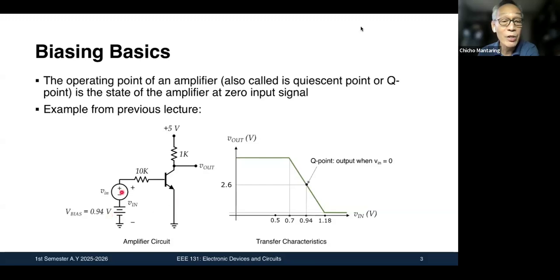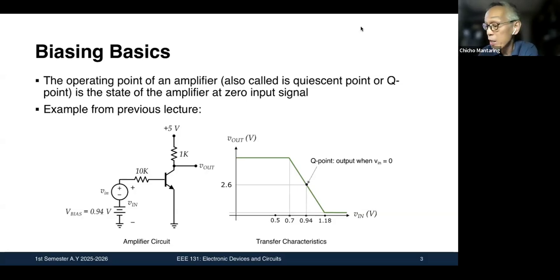So 0.94 minus 0.7 is 0.24, divided by 10K, that is 24 microamperes. If I multiply that by beta, which here is 100, that's 2.4 mA.